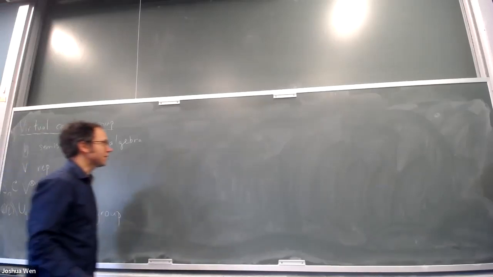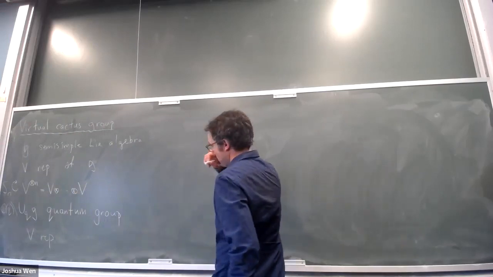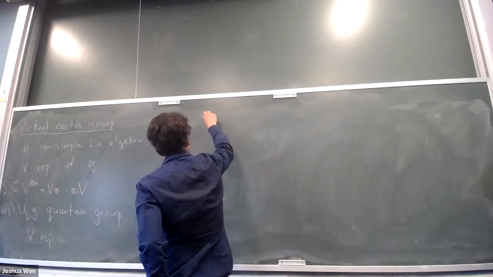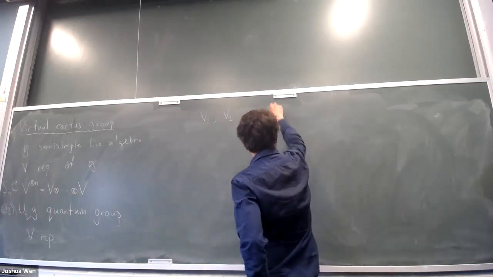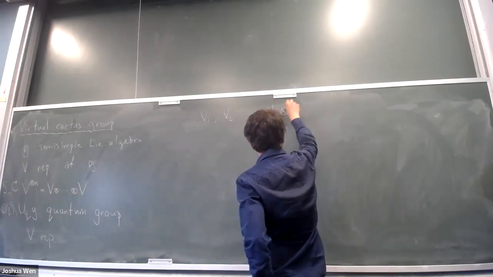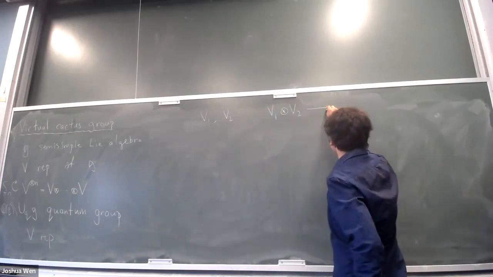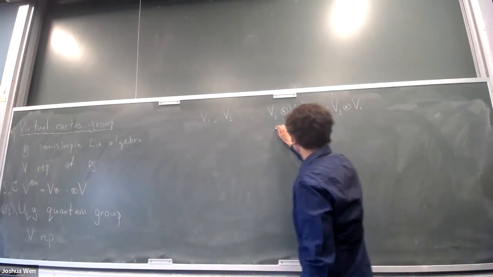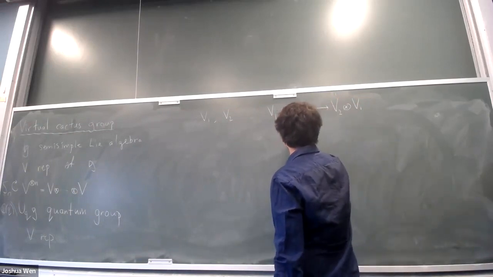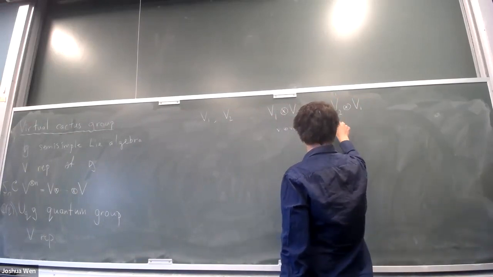But there's a new feature, which is that if you work with the quantum group, if you have two representations, V1 and V2, there's an interesting isomorphism between their tensor product in one direction and the tensor product in the other direction. So the naive map, little v1 tensor little v2 goes to little v2 tensor little v1.